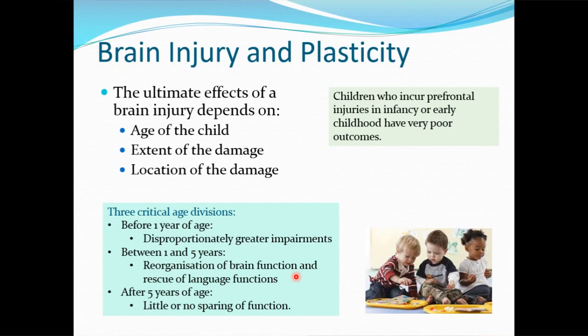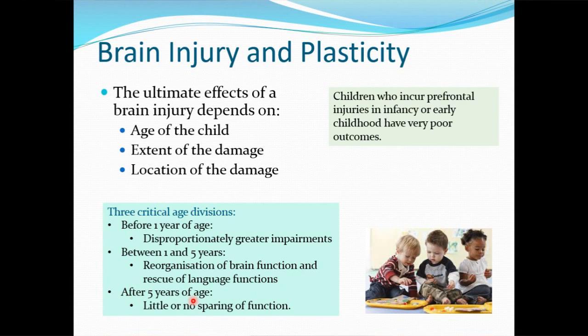The brain then tends to reorganize its functioning, mainly for the purpose of rescuing language functions, but to the detriment of other areas. So you get this crowding effect. If the left hemisphere of a child between 1 and 5 is damaged, the brain often shifts those language functions to the right hemisphere, but at the expense of visuospatial functions. You'll find those children's visuospatial functions aren't so good, even if their language functions are spared.